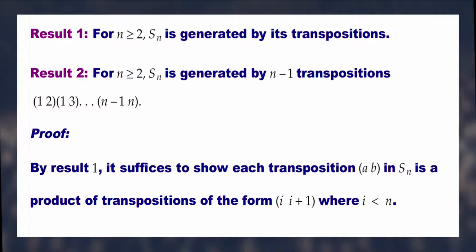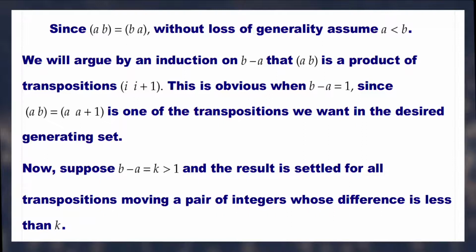Let us prove it. By result 1, it suffices to show each transposition (a b) in Sn is a product of transpositions of the form (i, i plus 1), where i is less than n. Since (a b) is equal to (b a), without loss of generality assume a is less than b. We will argue by induction on b minus a that the transposition (a b) is a product of transpositions (i, i plus 1).